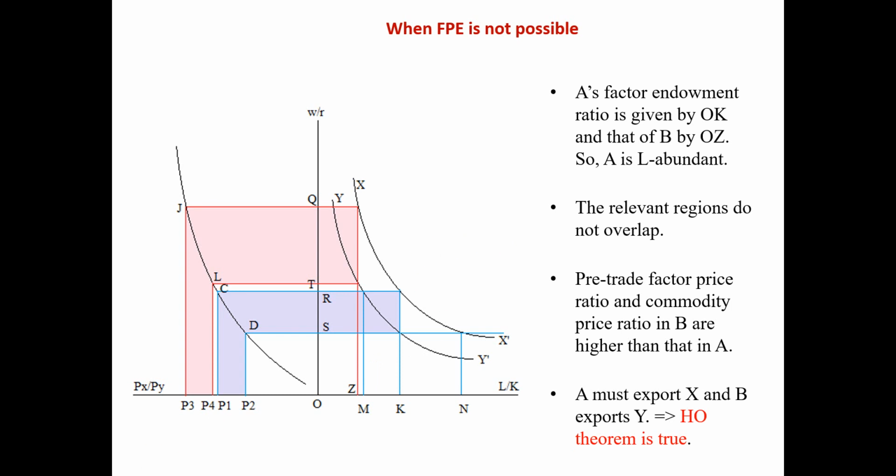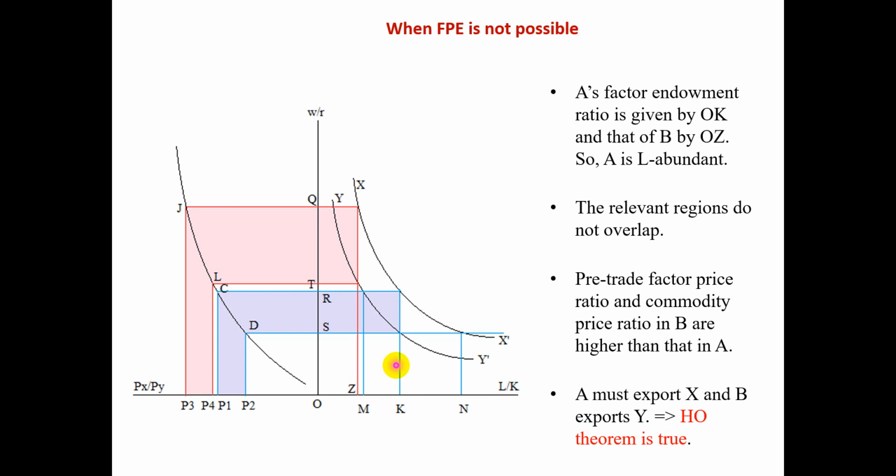Now we assume that the factor endowment of country A is given by OK. So this is the factor endowment of country A, and country B's factor endowment is OZ. So now the factor endowment of country B is not lying within this zone MK as it was in the case that we considered earlier.